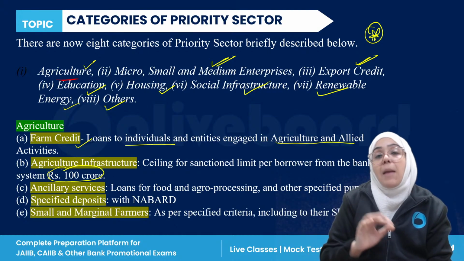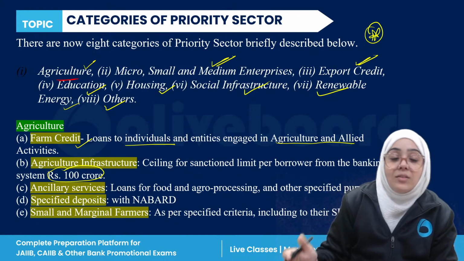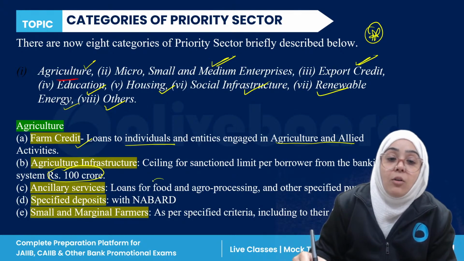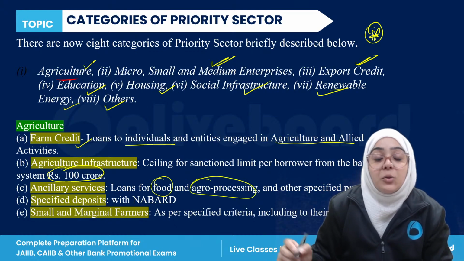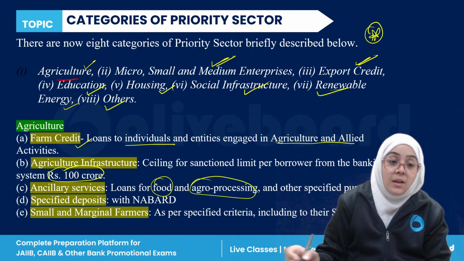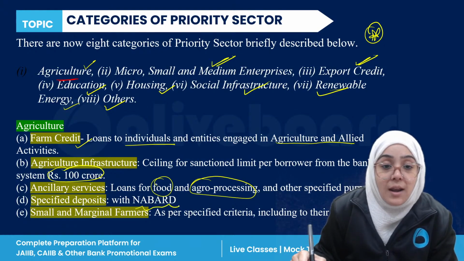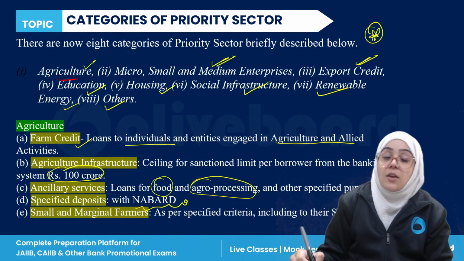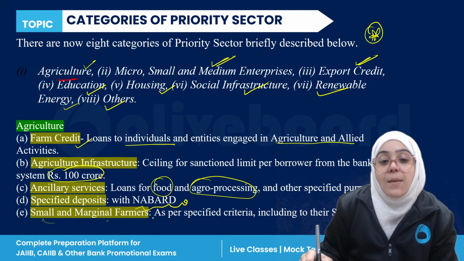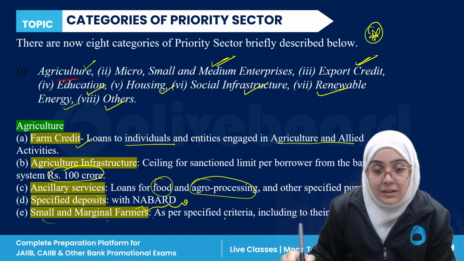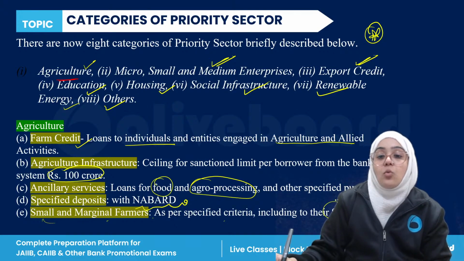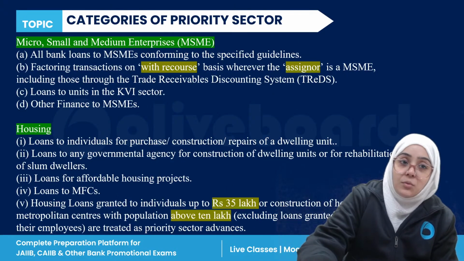There are also ancillary services, meaning add-on services, and loans for food and agro processing are also lent in the agriculture sector. Then specified deposits with NABARD, the National Bank for Agriculture and Rural Development, and small and marginal farmers as per the specified criteria, which include their self-help groups, right?